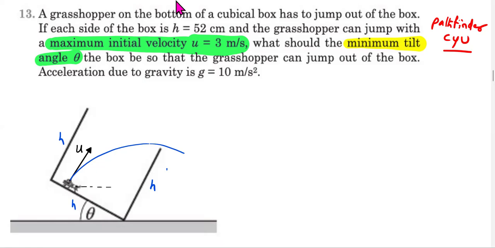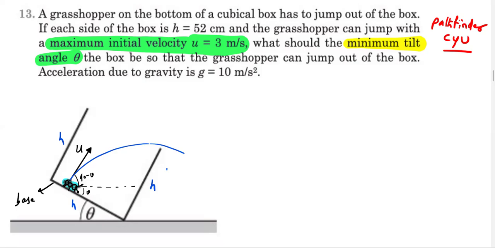This will be theta. So in fact, this is the grasshopper. Why should we assume this to be perpendicular? It's telling maximum. When you project with a maximum, then only we have to assume it normal to the base of this box.